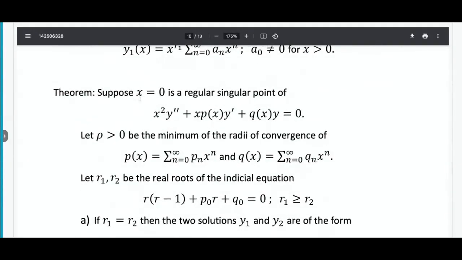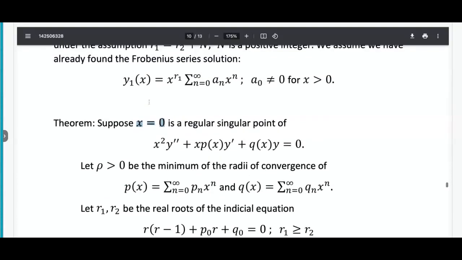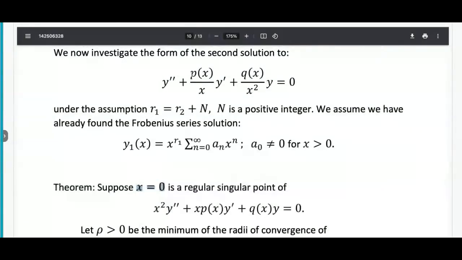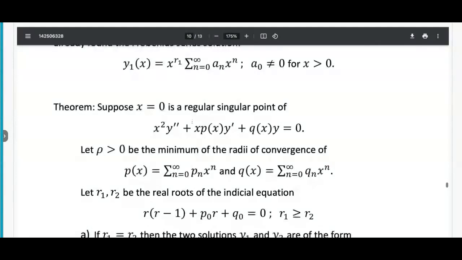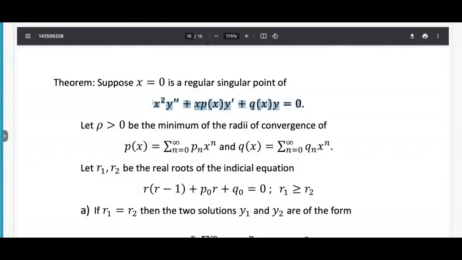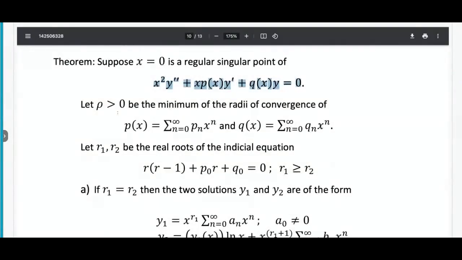So theorem. Suppose x0 is a regular singular point, which means this little p, little q, which means 0 is in the domain of both. Suppose 0 is a regular singular point for such a differential equation.